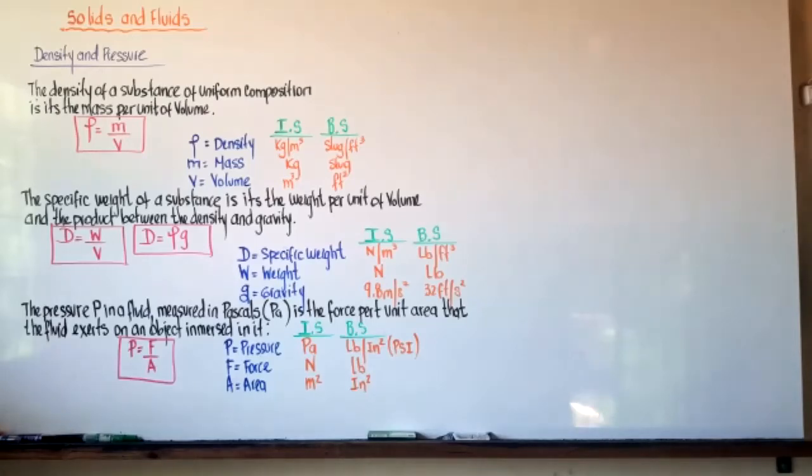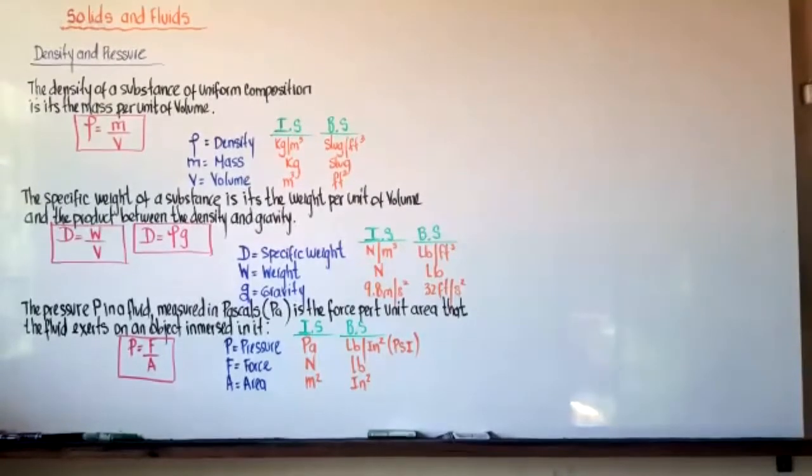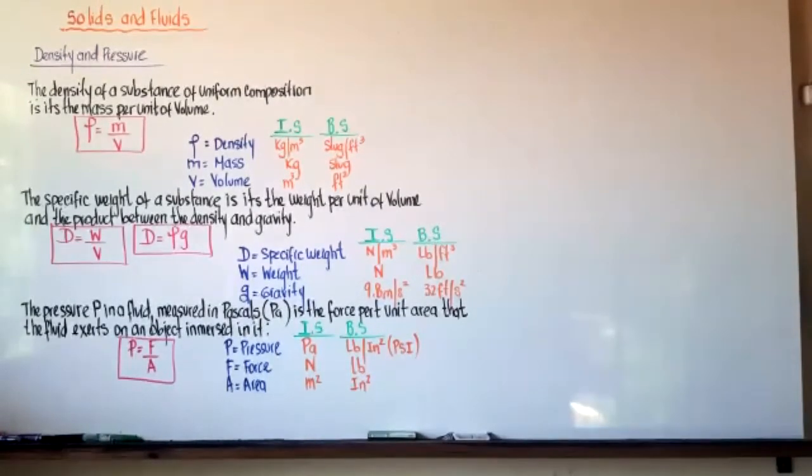One of the first lessons we're going to learn is how to identify the difference between density, pressure, and specific weight of a system. Because some people, even teachers or physics teachers, could you imagine, use a capital letter D to denote density, but that's wrong.